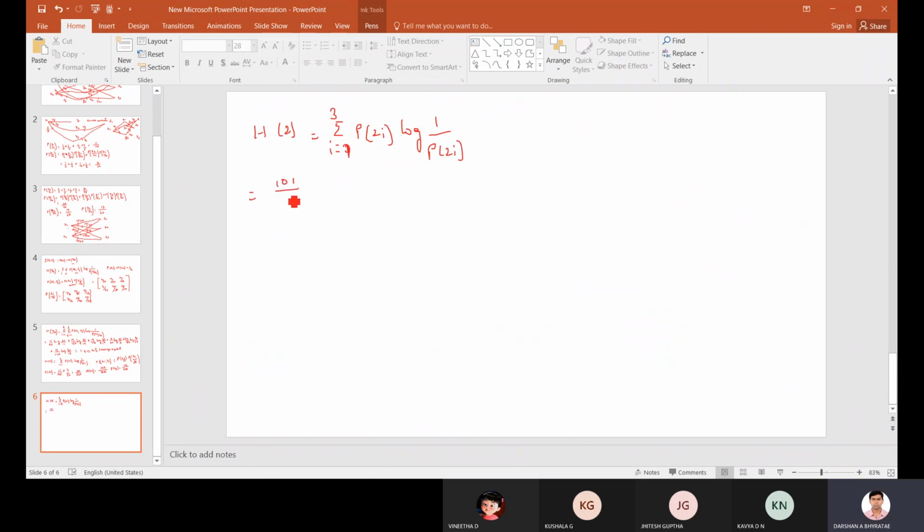This is 101 by 360 into log of 360 by 101, plus 349 by 900 into log of 900 by 349, plus 199 by 600 into log of 600 by 199. After simplification, H of z becomes 1.572 bits per message symbol.